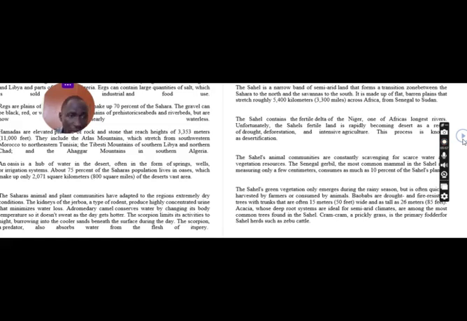The Saharan desert has a number of distinct features that we usually find: the oasis, regs, edges, and the hamadas. Those are some of the things that we find within the Saharan desert.